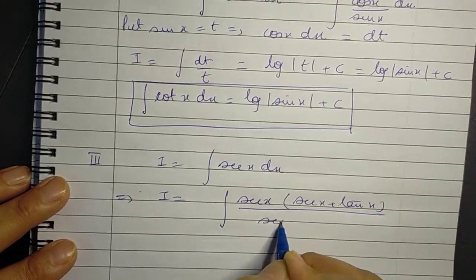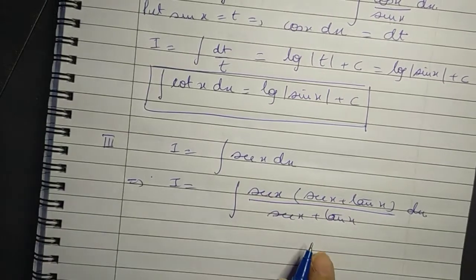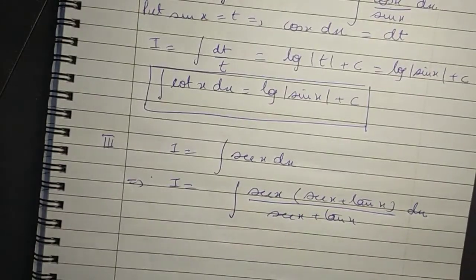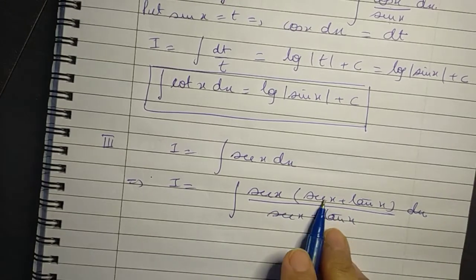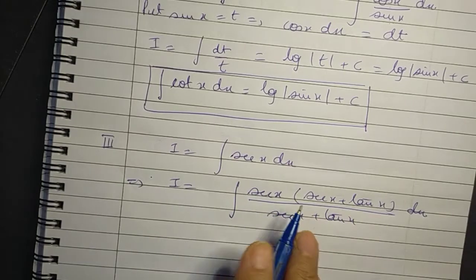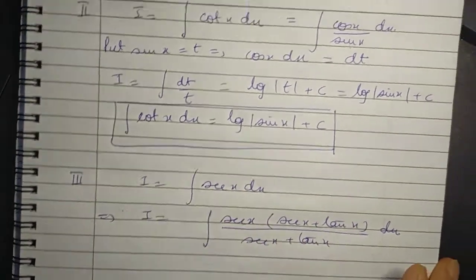By doing so, we are not changing the function, but we are simply writing it in a form which is suitable to us, because since we are multiplying and dividing by the same function, the function remains the same, because this gets cancelled and you are back to sec x dx.